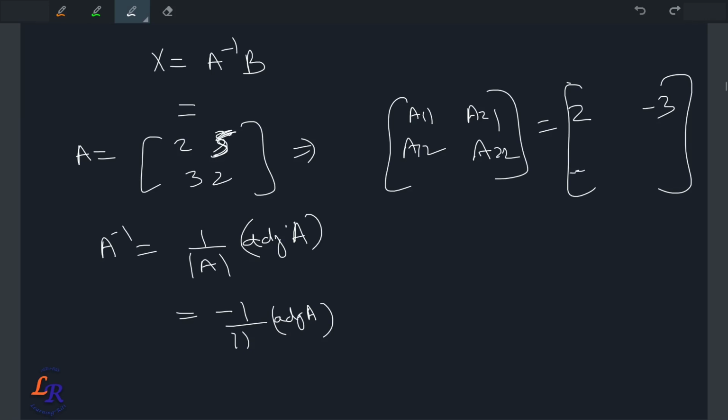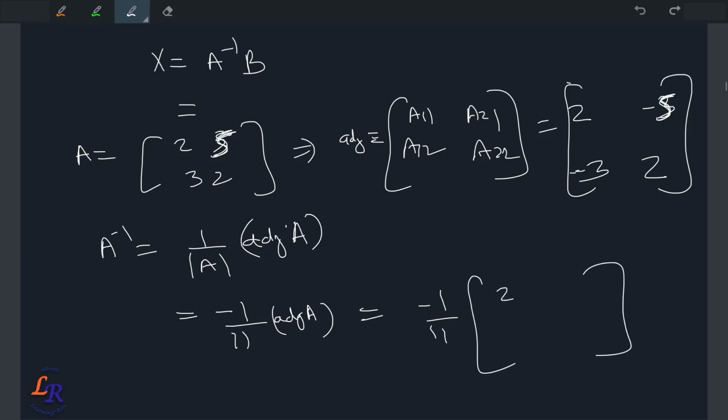For this element it would be minus 5, which will go here because row and column are interchanged, and for this it would be 2. So this is what you get as the adjoint of A. So you can have minus 1 upon 11 times [2 -5; -3 2], and this is a matrix.